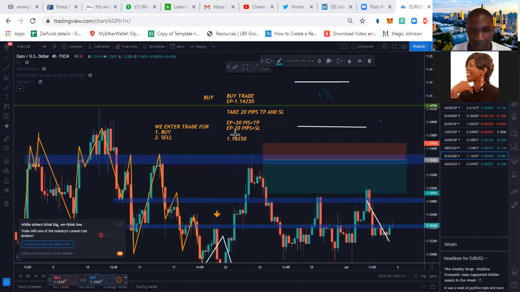Now you want to take 20 pips. The entry price is 1.14250, so you write 114250. That's the price. Now subtract from it 200.